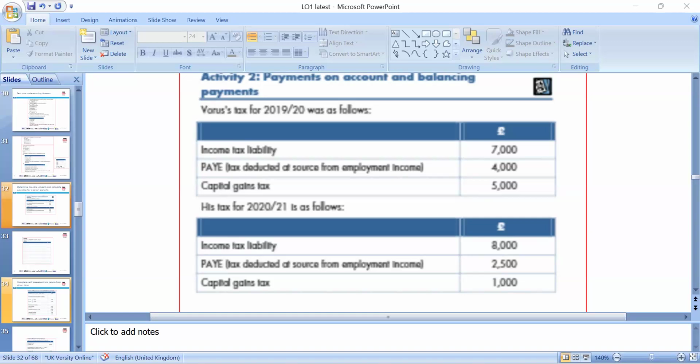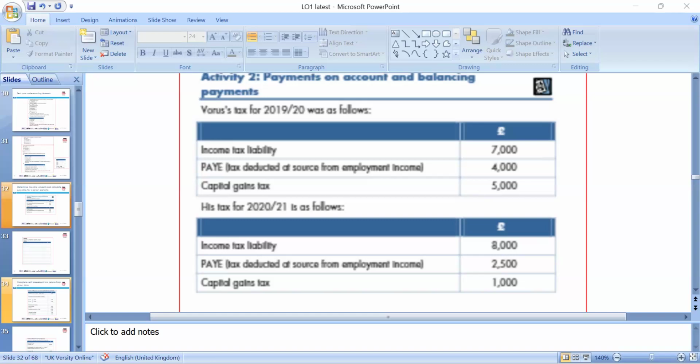We can look at when payments are not required: when the prior year's income tax payable falls below 1,000, or is less than 80% of the prior year liability met at source. So we can look at these rules as well.